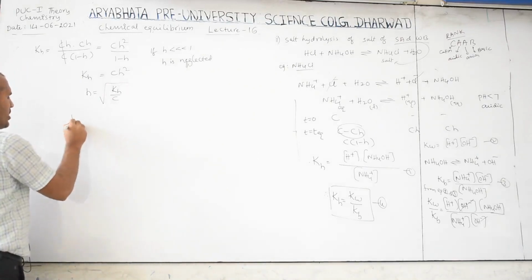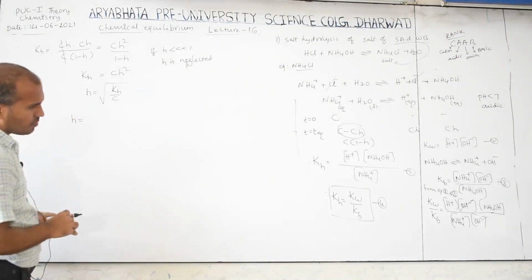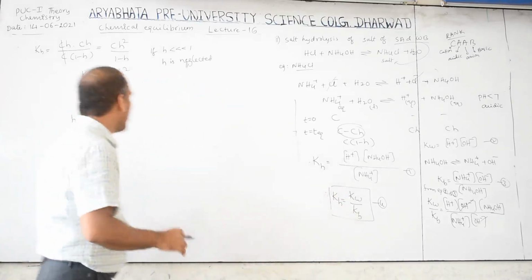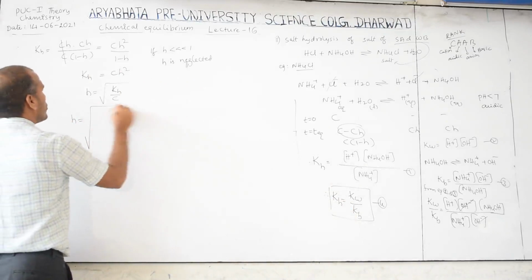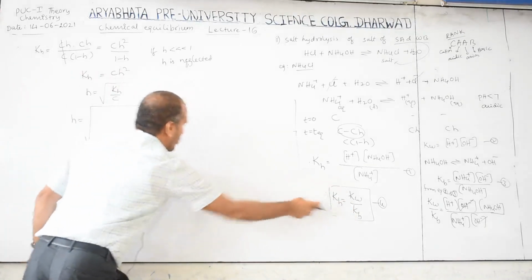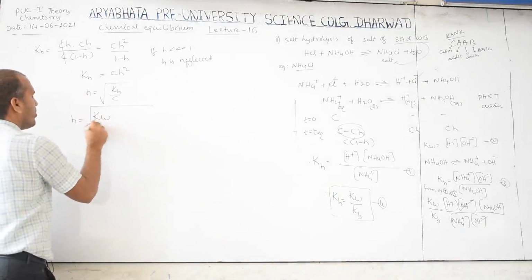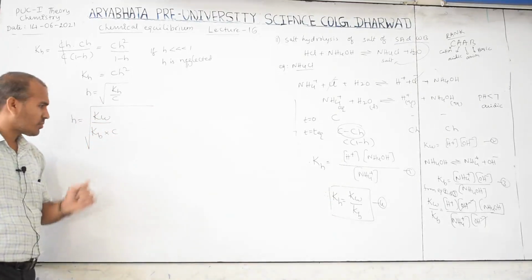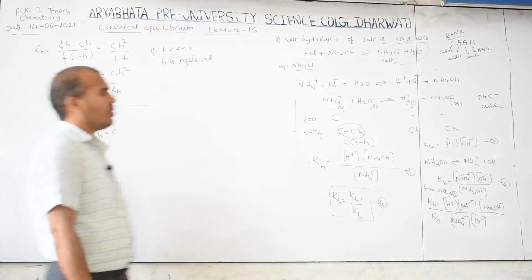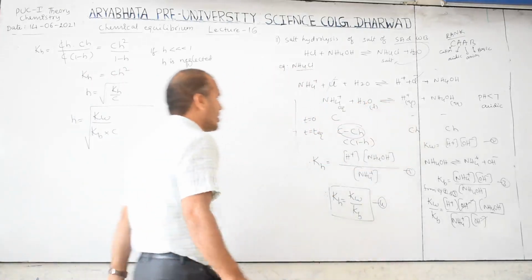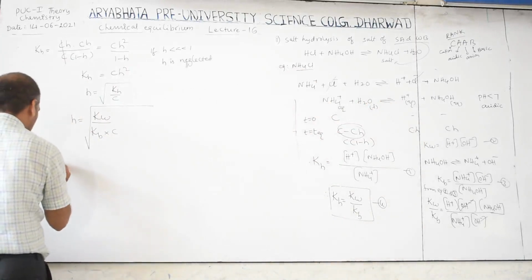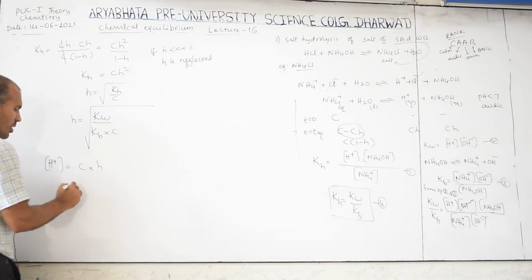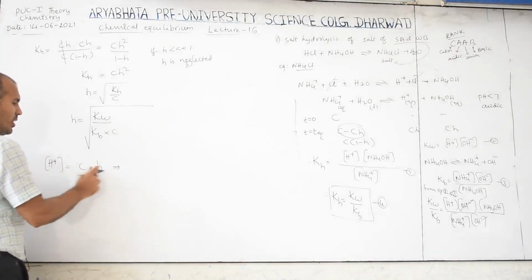Now we know that KH is equal to Kw by Kb. Therefore root of KH means we can write Kw by Kb into C. This is h. Now keep in mind, H plus ion concentration is equal to C into h. Now you can apply here.